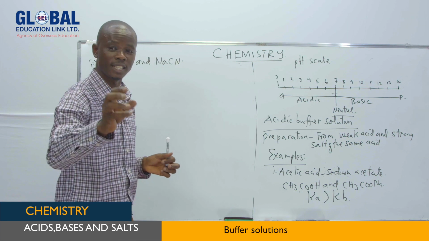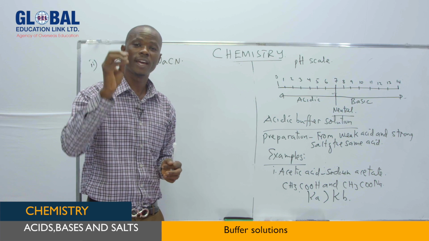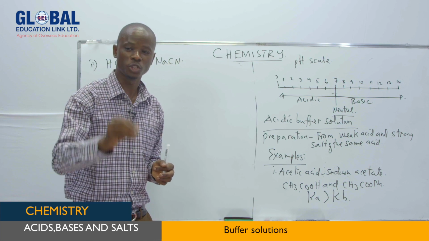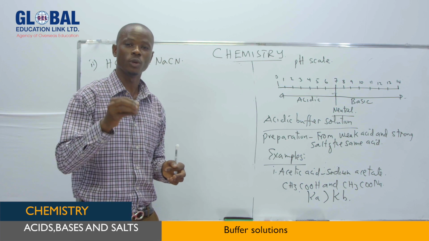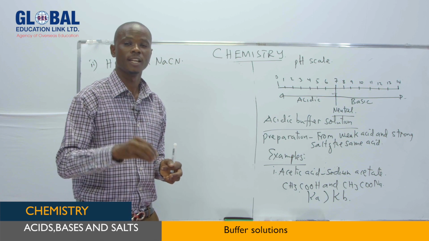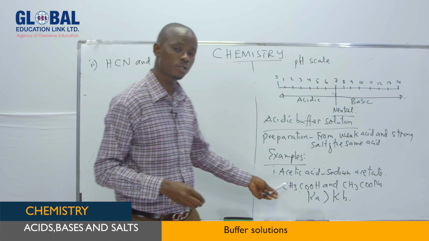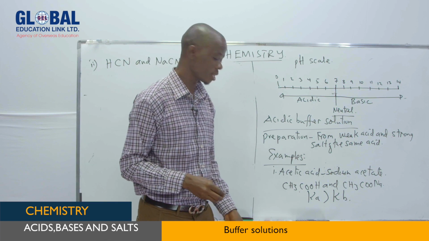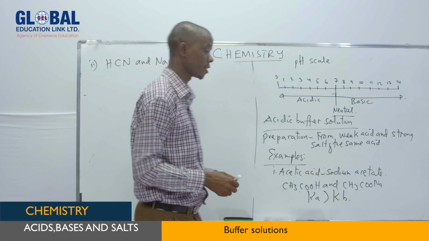Now, my dear student, the question comes how the acidic buffer solution works. Or in other words, we say the mechanism of acidic buffer solution. Now let us consider this buffer system, which consists of acetic acid and sodium acetate.